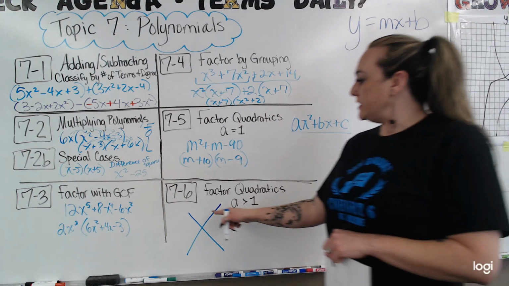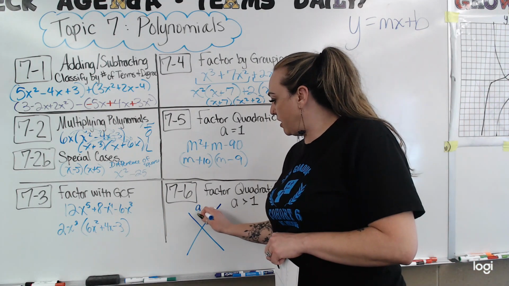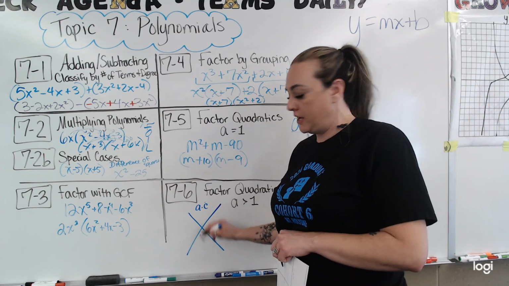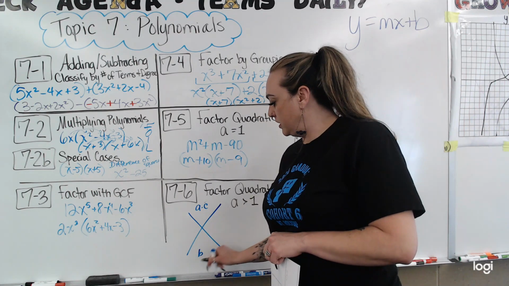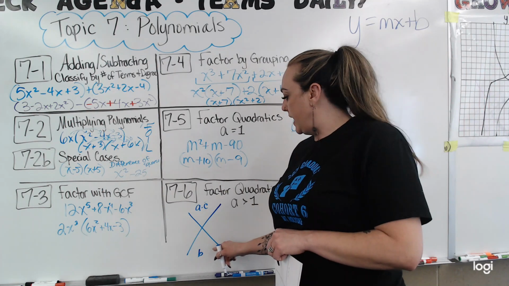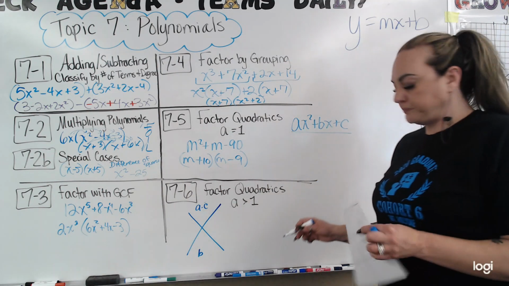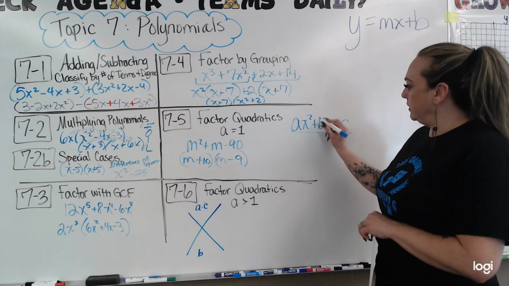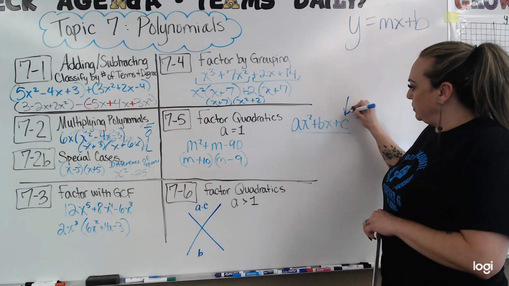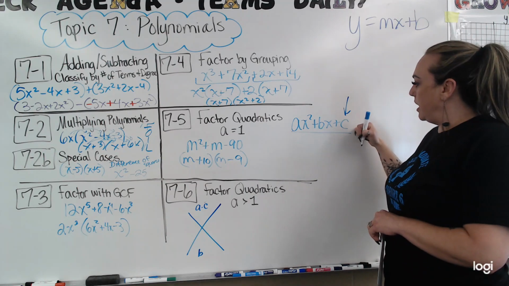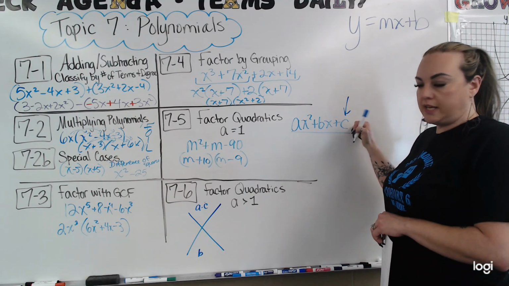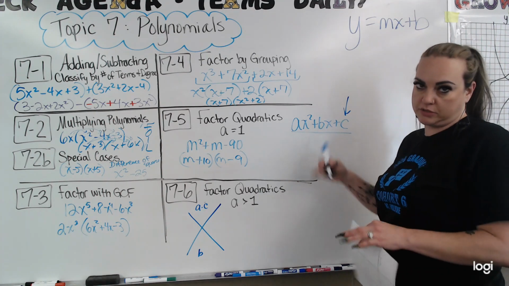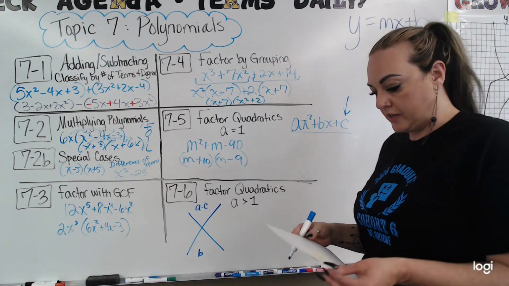And this is the method where we take our A value and multiply it by C for the top number. And then our B value goes down here at the bottom. And we're looking for a number, if we look over here, that is going to, just like here, multiply to give us C and add to give us B, add or subtract, depending on if they're positive or negative.